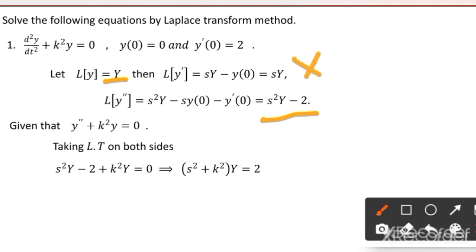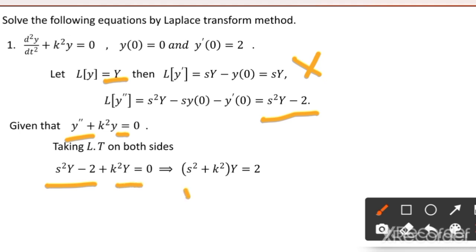The Laplace transform of y dash is not required here. We got the Laplace transform of y double dash as well as of y, so just substitute here: k square times the Laplace transform of y is capital Y.